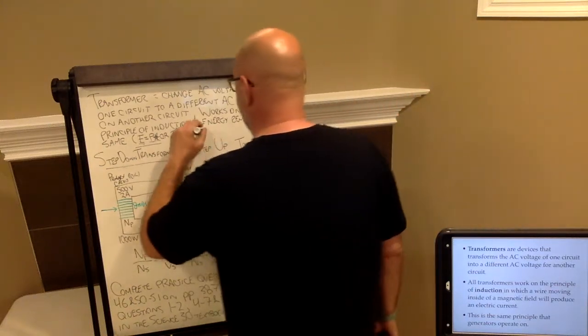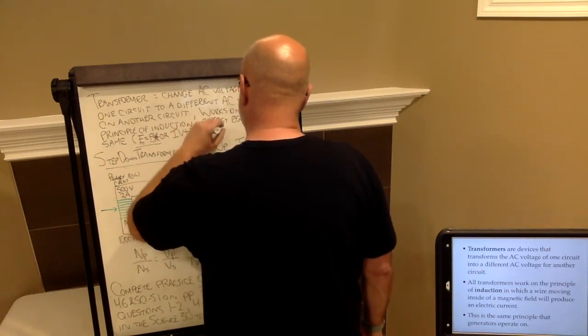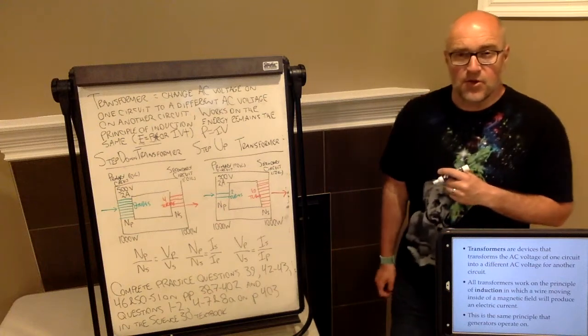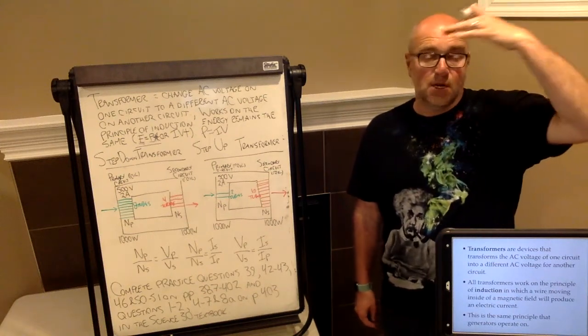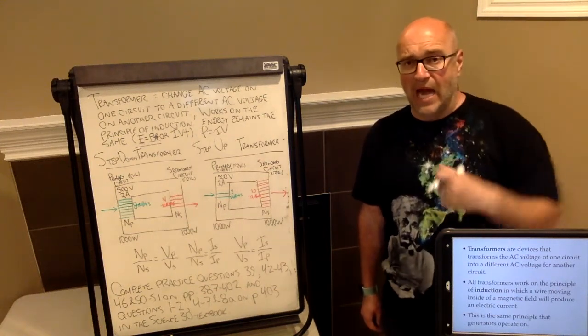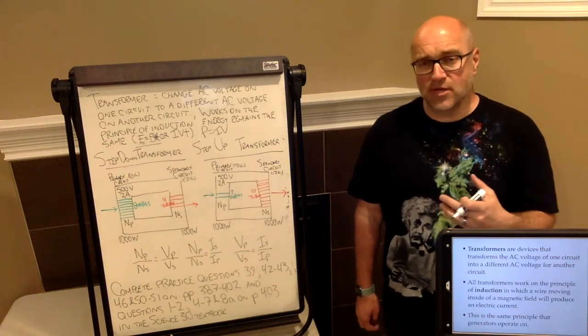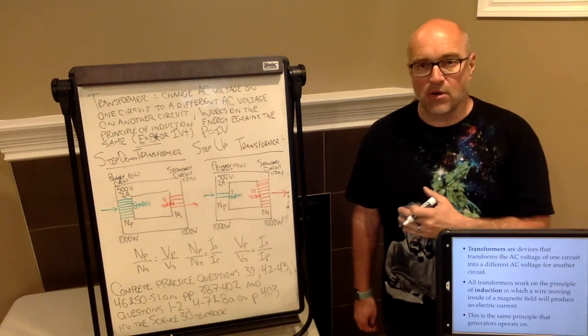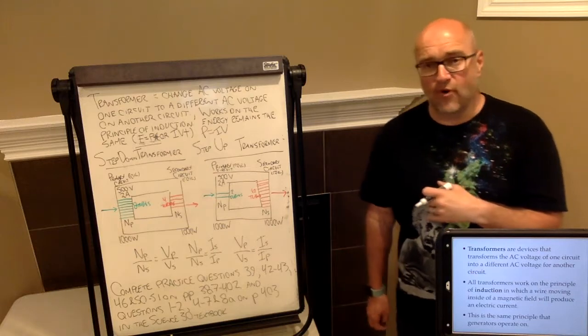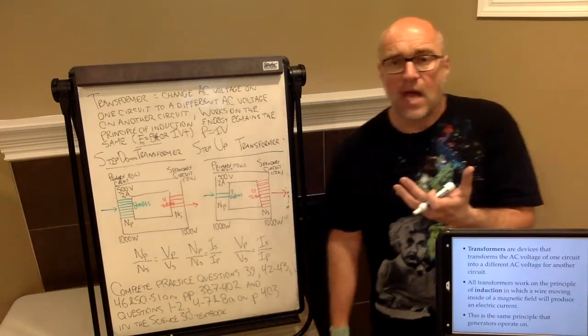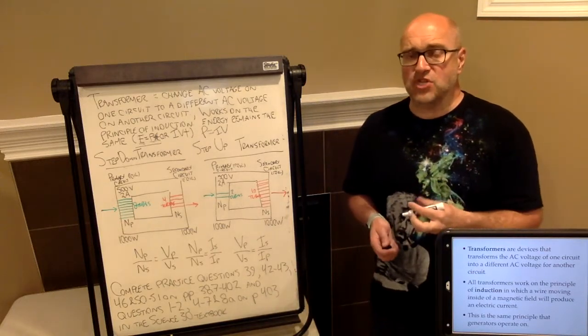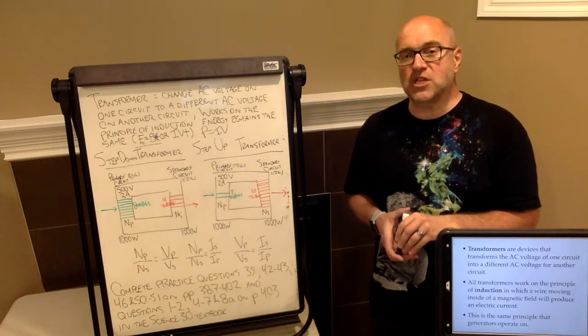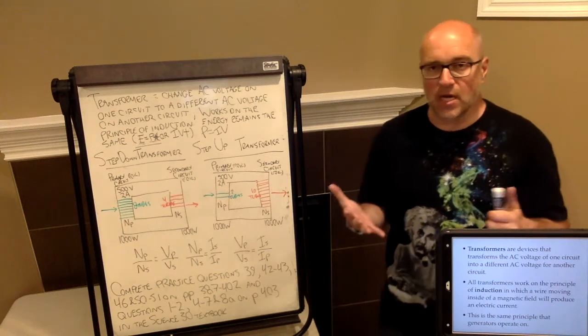Power, as you know, is current times voltage. So if I take the voltage and make it higher, to compensate, the current is going to go down. If I decrease the voltage, then my current is going to go up. I'm not losing any of the energy. I'm just rearranging the distribution of the energy in the circuit.